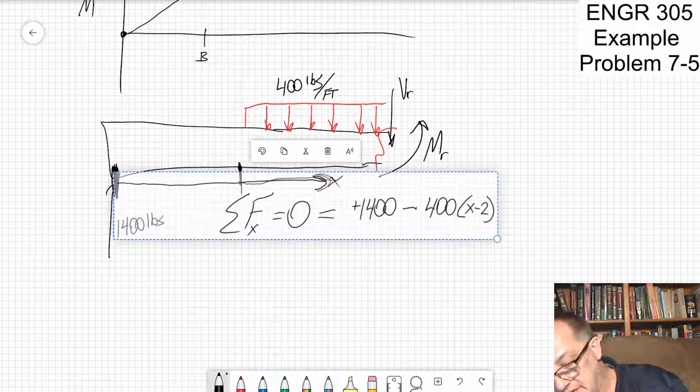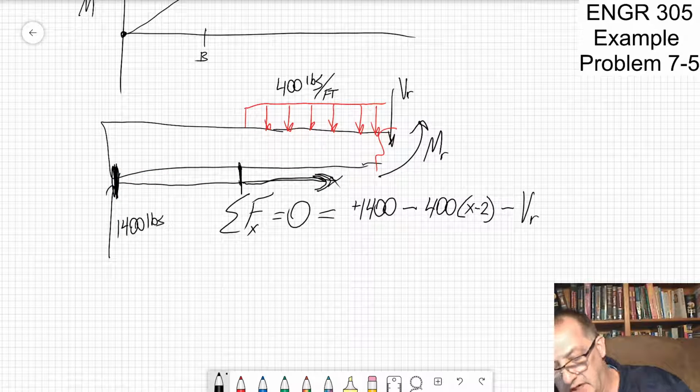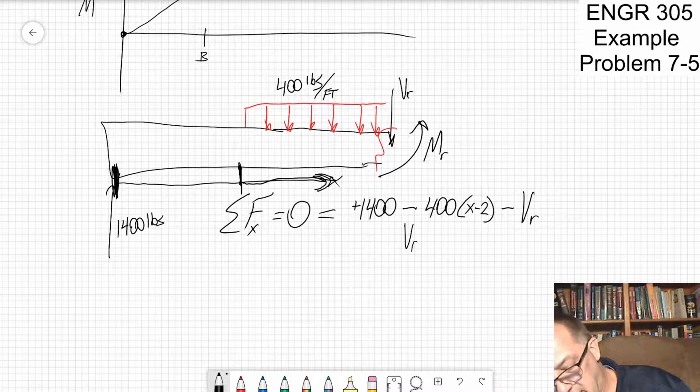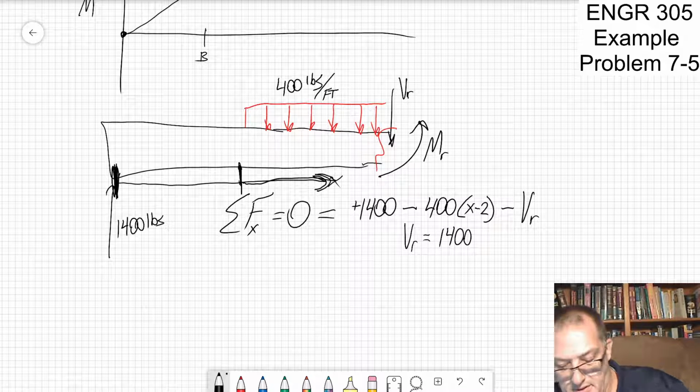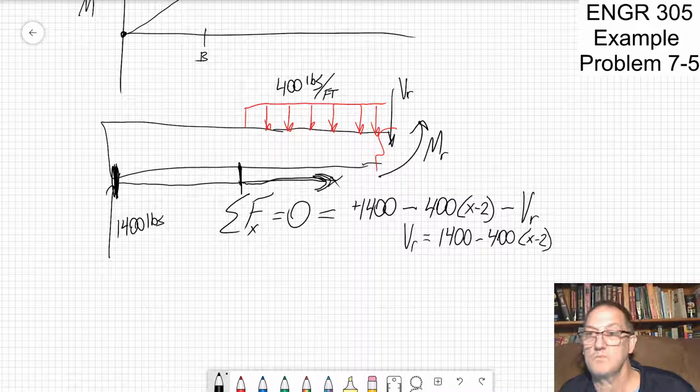And then do I have anything else? Yes, I've got this minus VR. So that tells me that VR is equal to 1,400 minus 400 x minus 2. Okay, I can plot that.